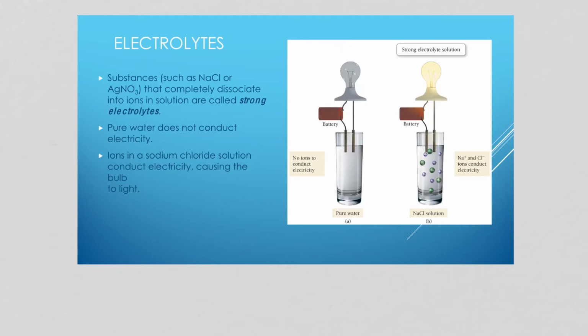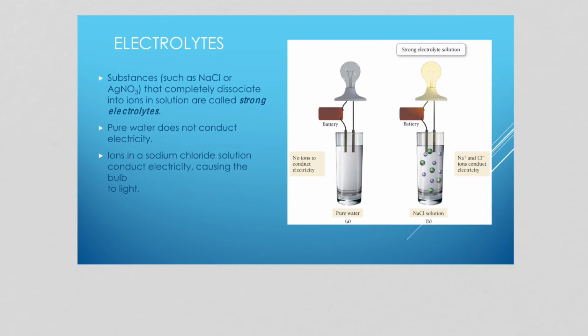So let's look at these aqueous solutions and some of their unique properties. One of the unique properties of aqueous solutions that contain ionic compounds dissolved in them is that they have these dissolved ions.